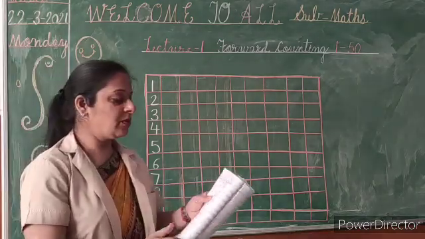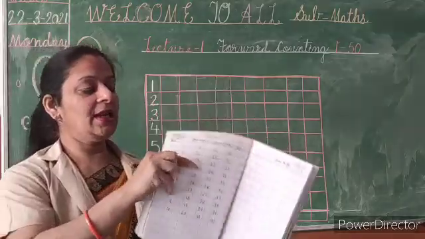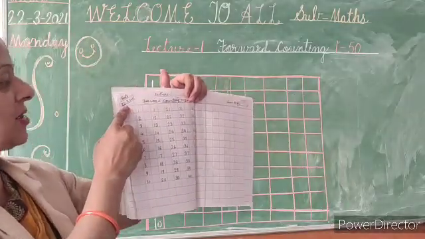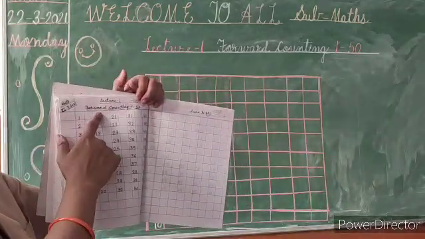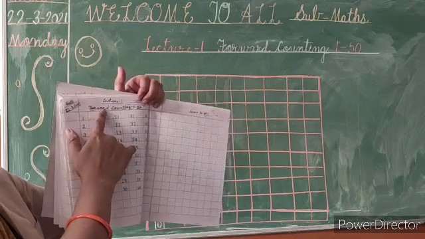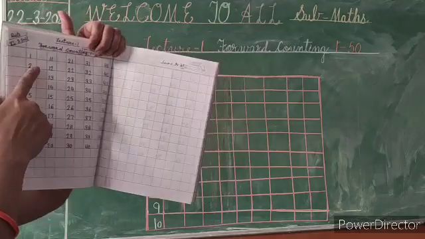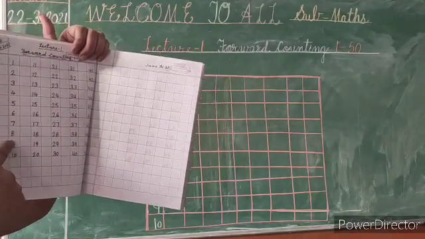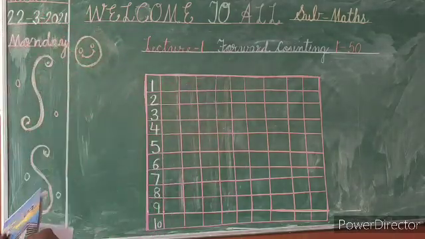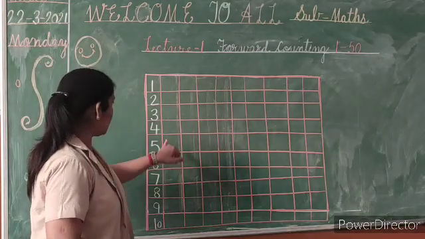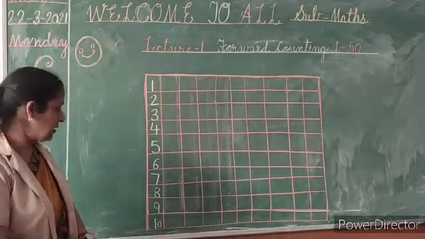Open your notebook. Firstly, you have to mention the date here. Then topic: forward counting 1 to 50. You write in your notebook like this. After 10, we leave this line.